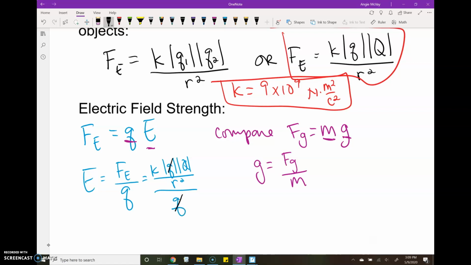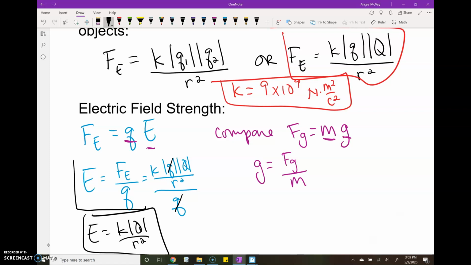These q's would cancel, and we would get electric field strength is equal to k times the larger Q over r squared. So we can write it this way, or we could write it this way. So these are all equations that will be helpful to have in our pocket.